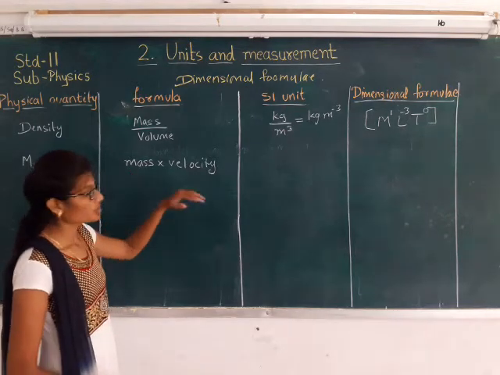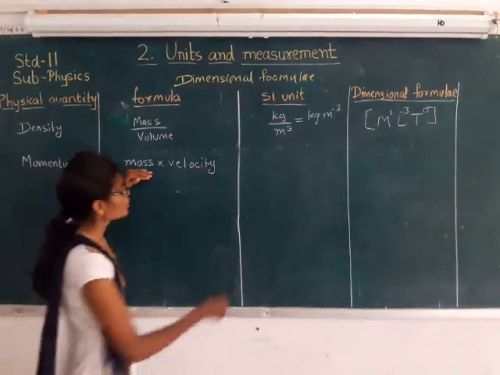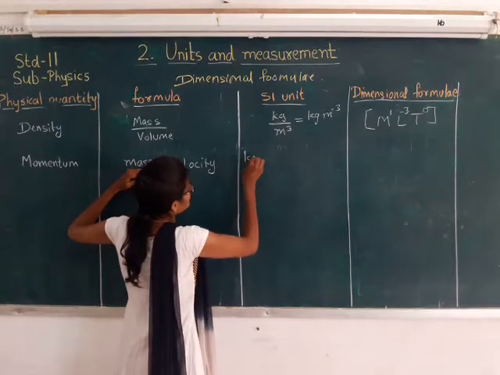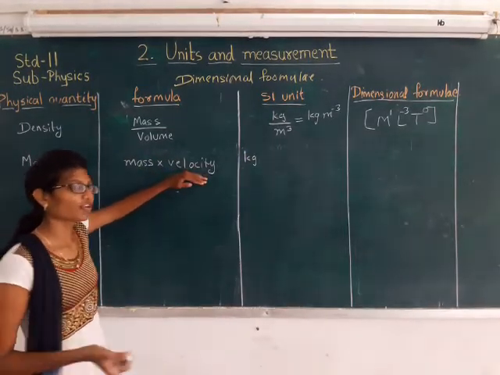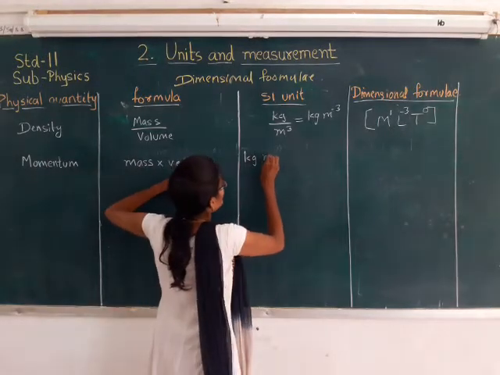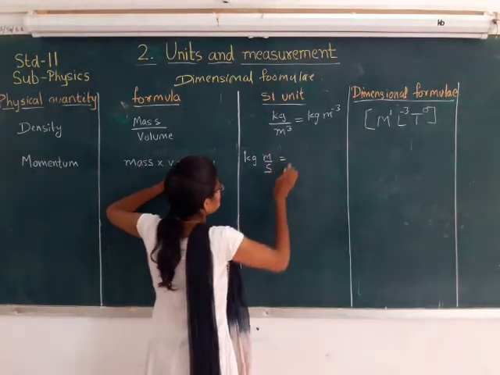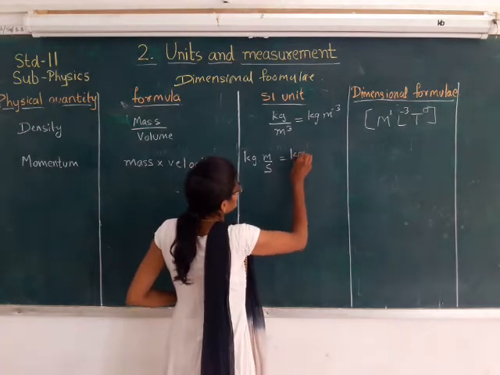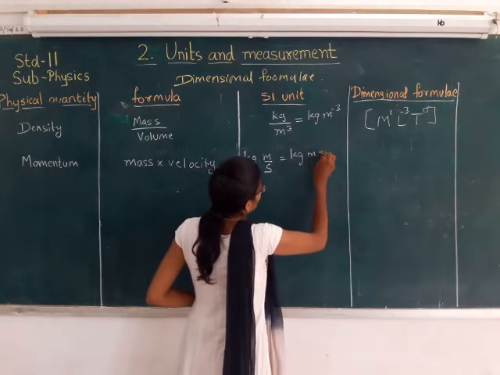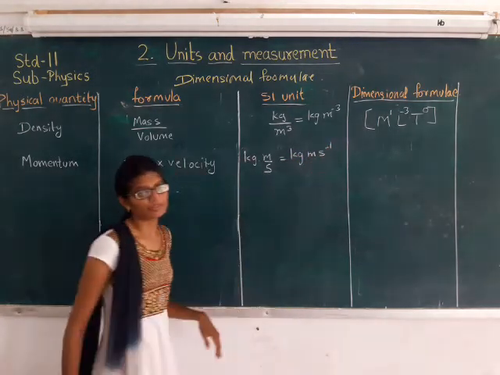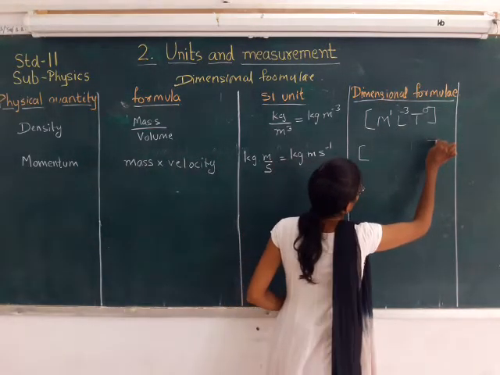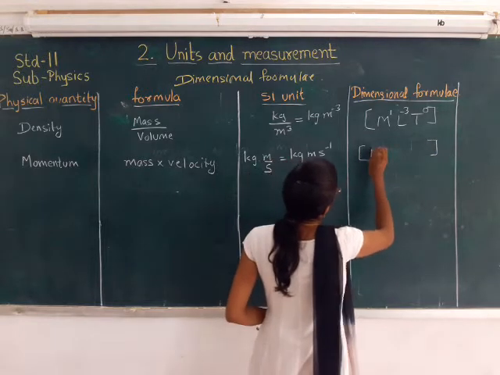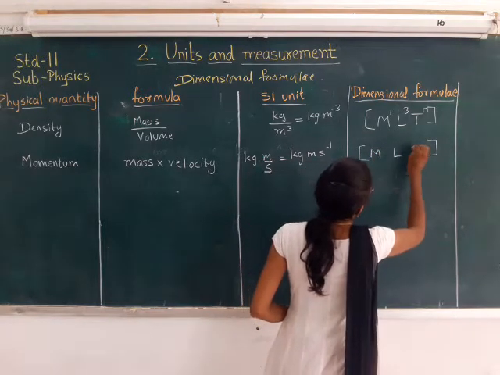Now let us write its unit. Here we are having mass, so the unit of mass is kg. Here we are having velocity, and the unit of velocity is meter per second. So this can be written as kg, meter and second inverse, right? So on the basis of this, we will be writing the dimensional formula, that is M, L and T.